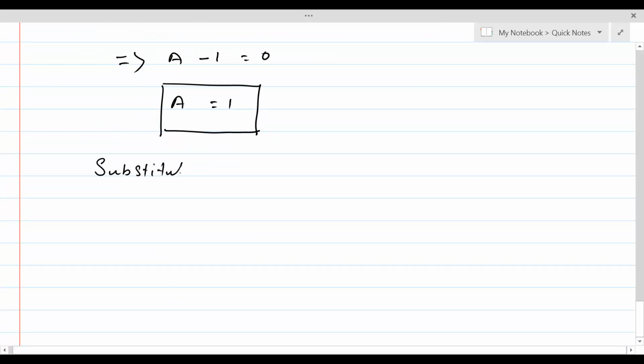Hence, now we can write the partial fraction, substituting these values of a, b, c and d.